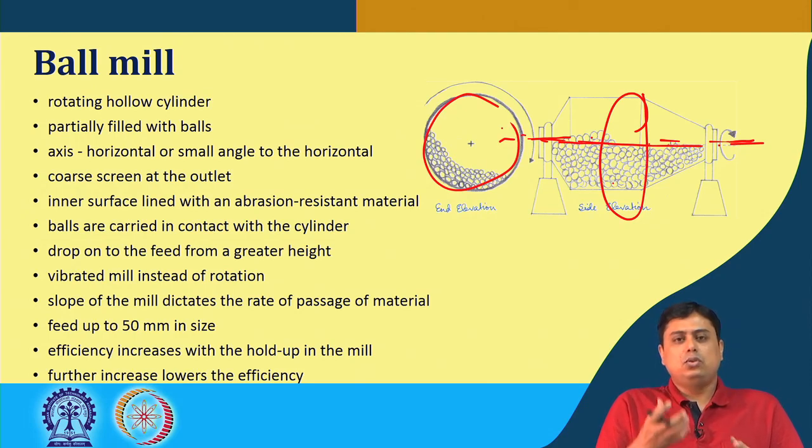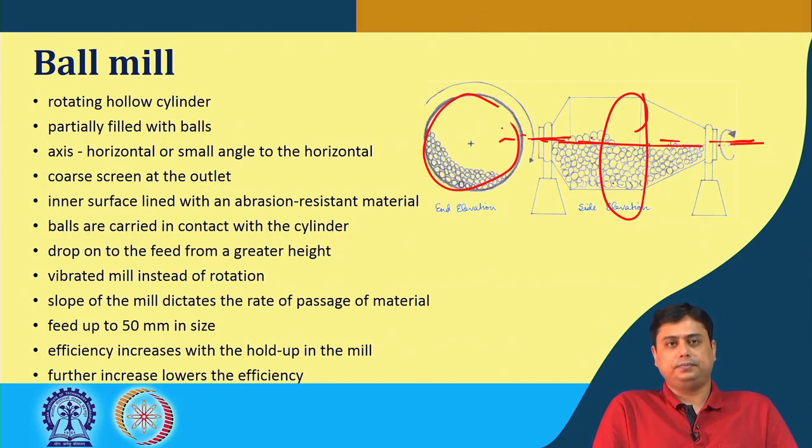It has to drop on the feed from as great a height as possible, because then we have the fully efficient impact mechanism that can act on the solid particle.